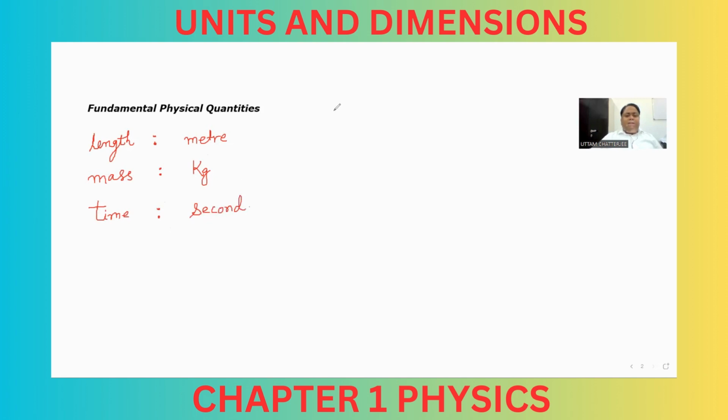Now there are certain system of units, because these units have developed over a period of time. So in earlier days, and even in a few countries, the length is measured in terms of foot, weight is measured in terms of pound, and time is measured in terms of second.